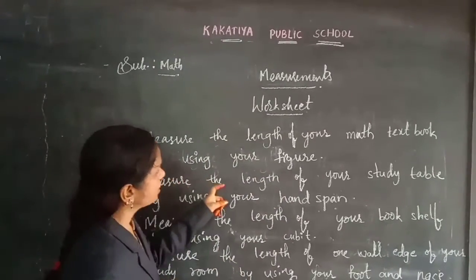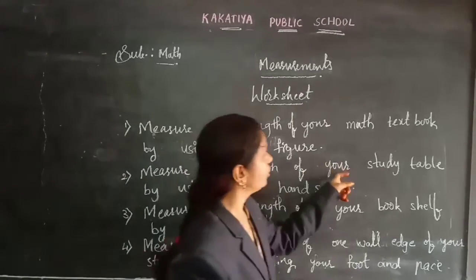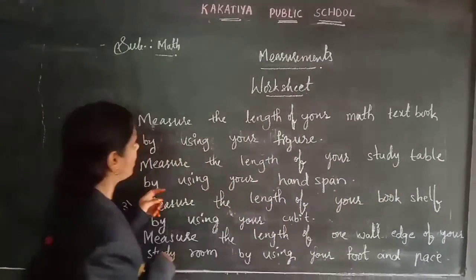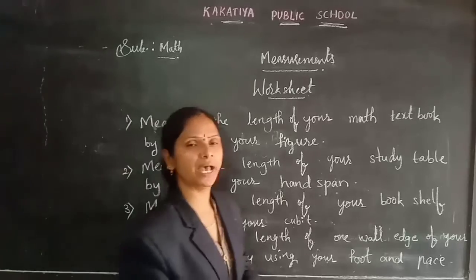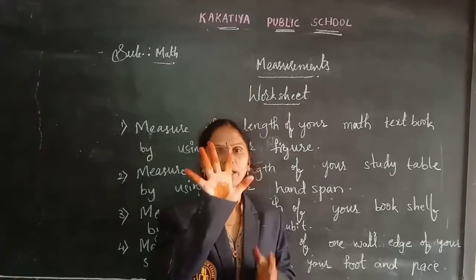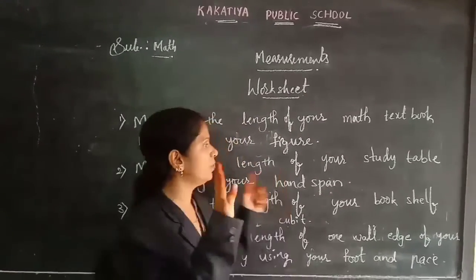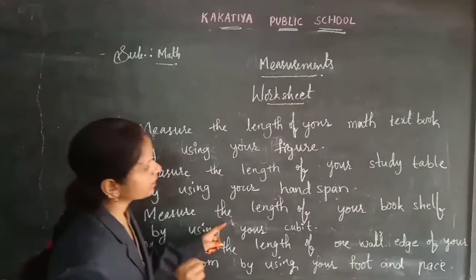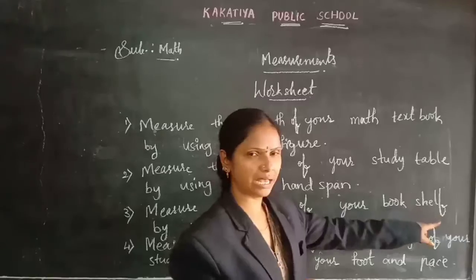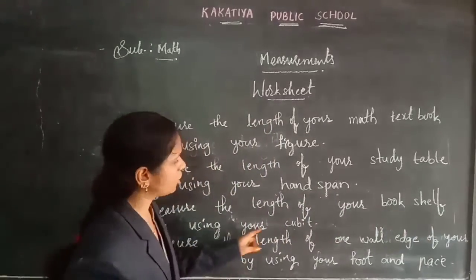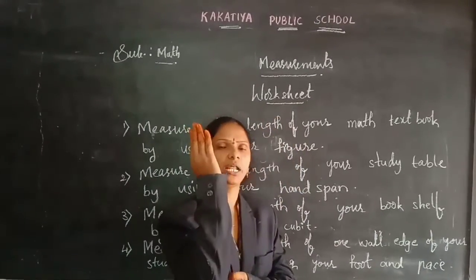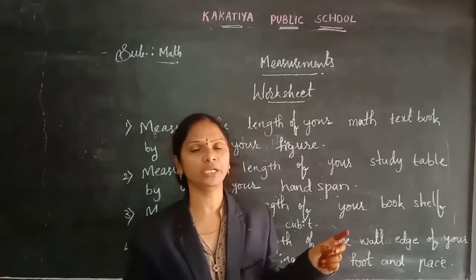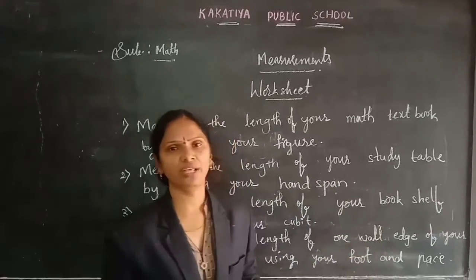Second one, measure the length of your study table by using your hand span. Hand span means this, children. Now, measure the length of your bookshelf by using your cubit. Cubit means this, children.